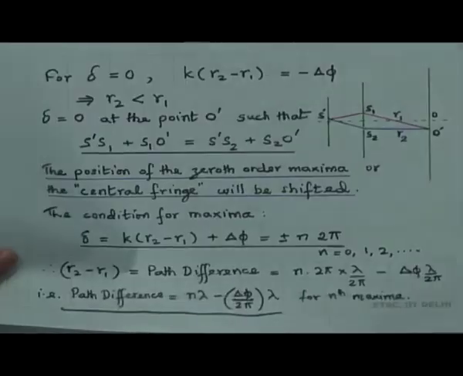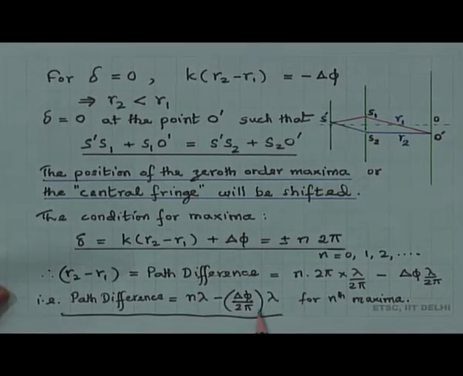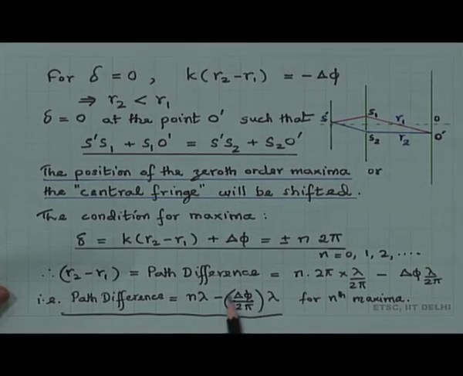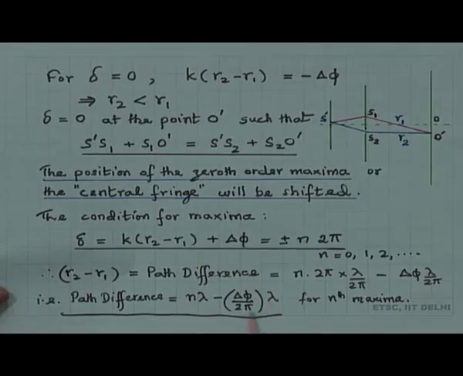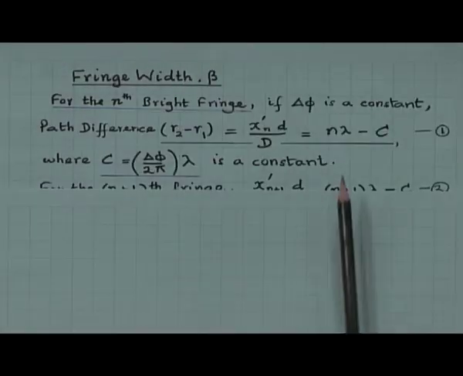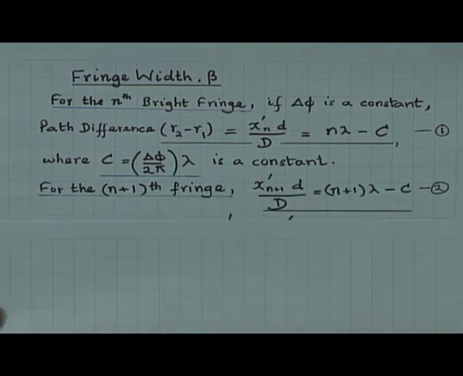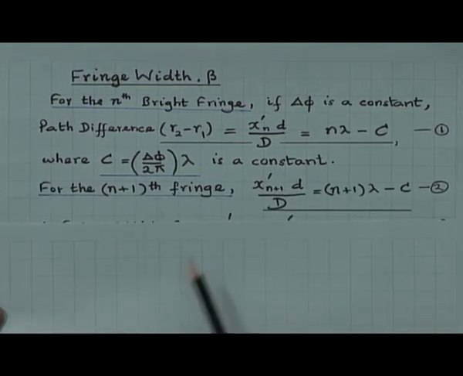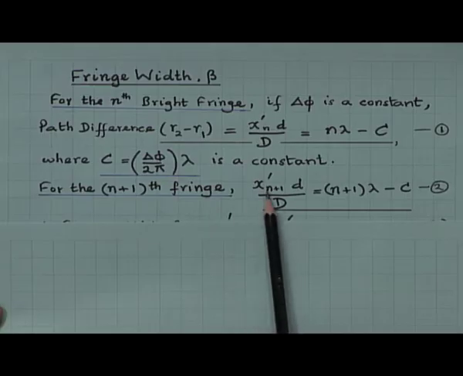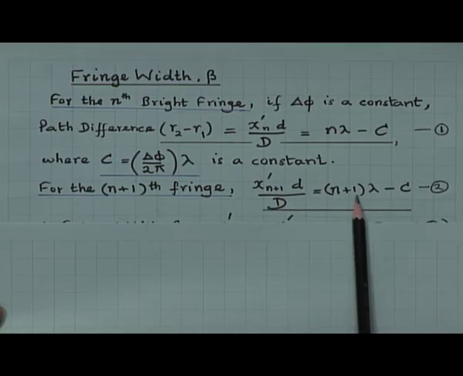If delta phi is a constant with time, then this is a constant c. For the n plus 1th fringe, that is the next fringe, it will be x n plus 1 dash d by D equal to (n plus 1) lambda minus c, because c is a constant.